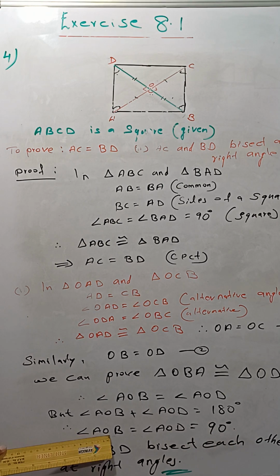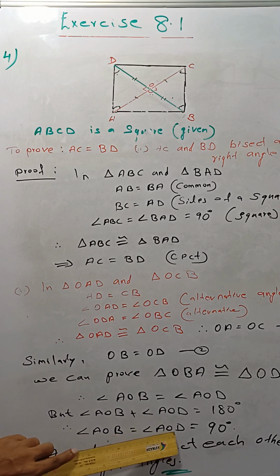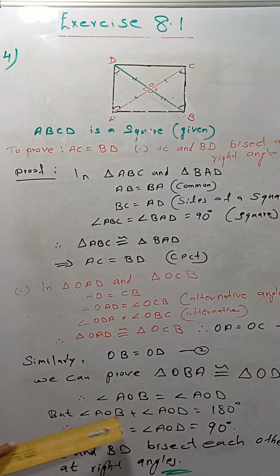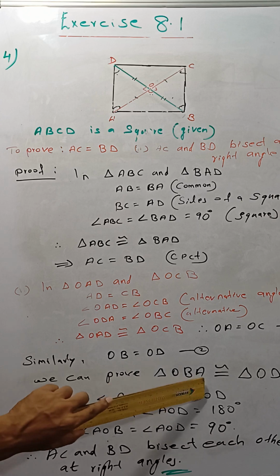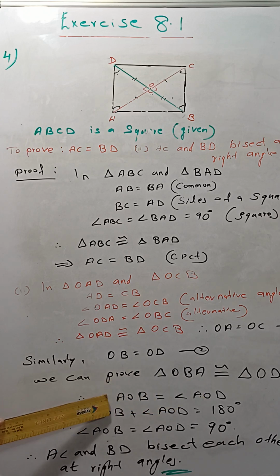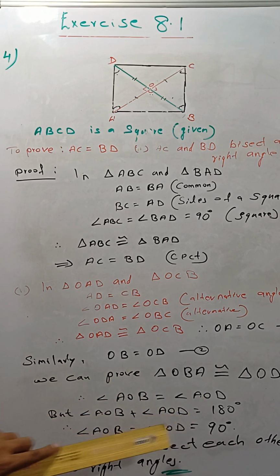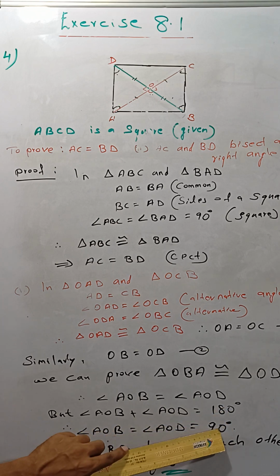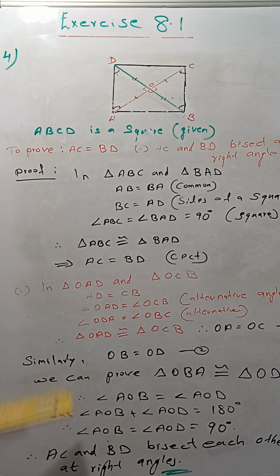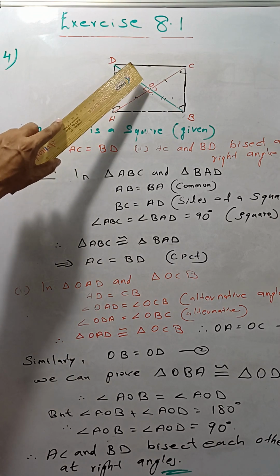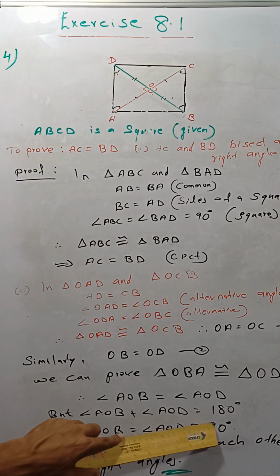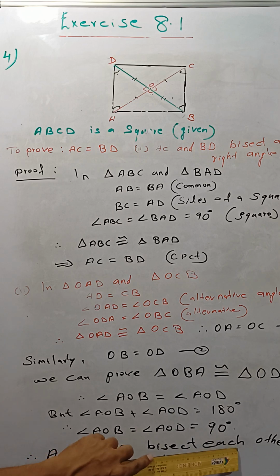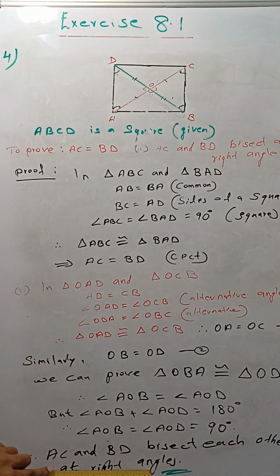Angle AOB is equal to angle AOD, and the sum of these two angles is 180 degrees, which means each angle is 90 degrees. We have proved that AC and BD bisect each other at right angles.